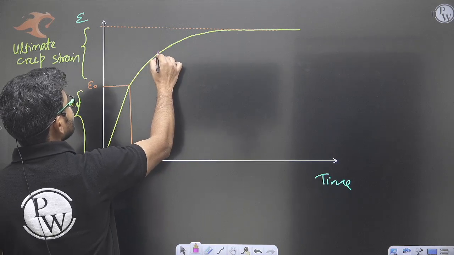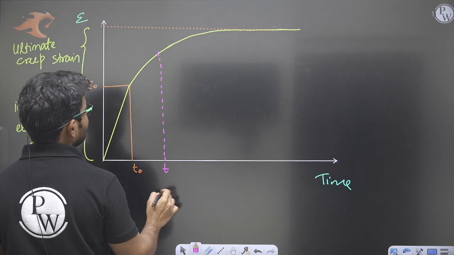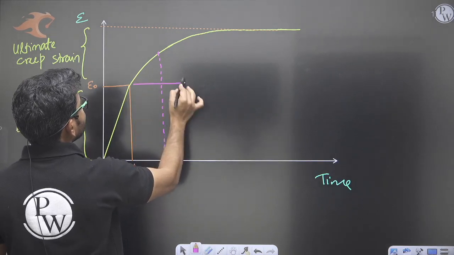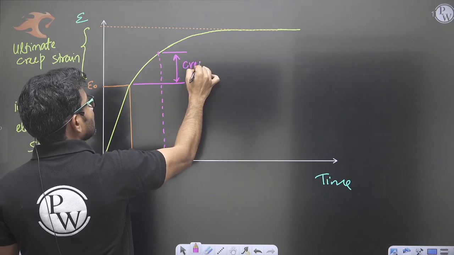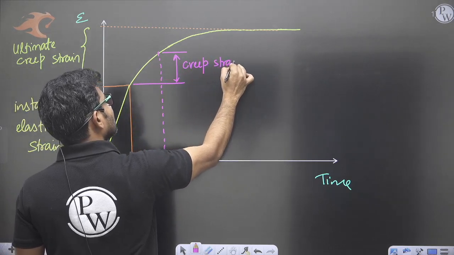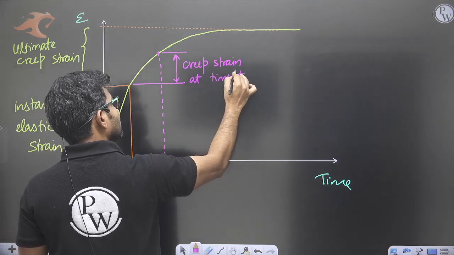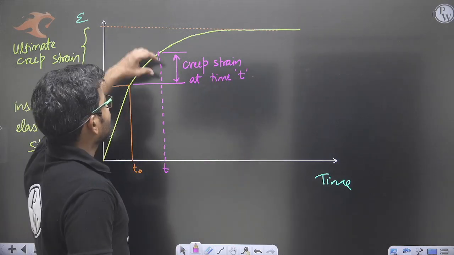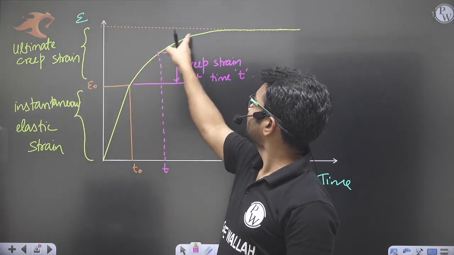let us say at time t, this will be the creep strain at time t. Creep strain will always lie between 0 and the ultimate creep strain.